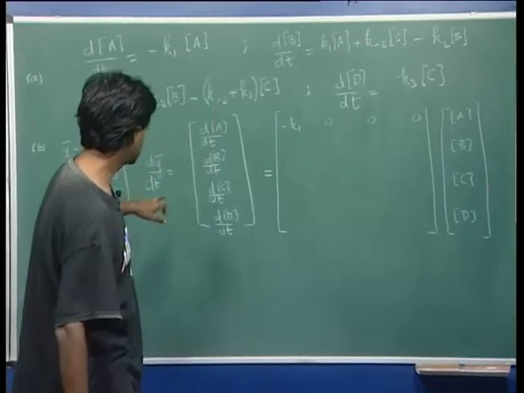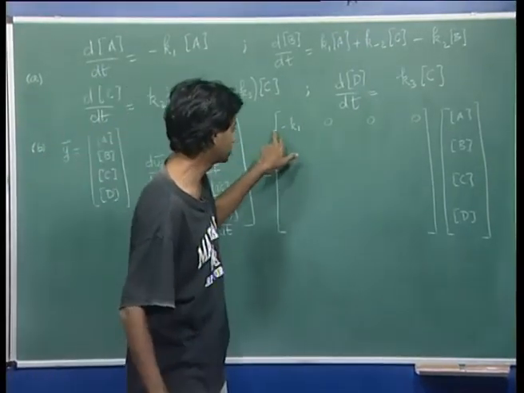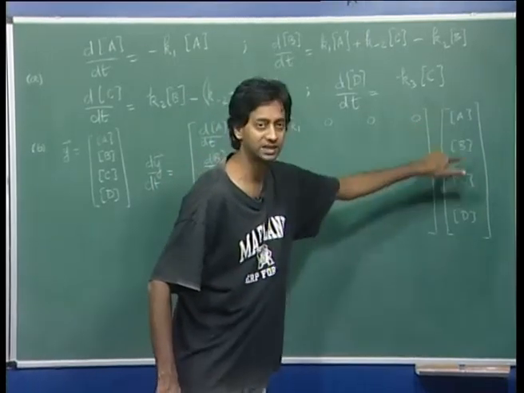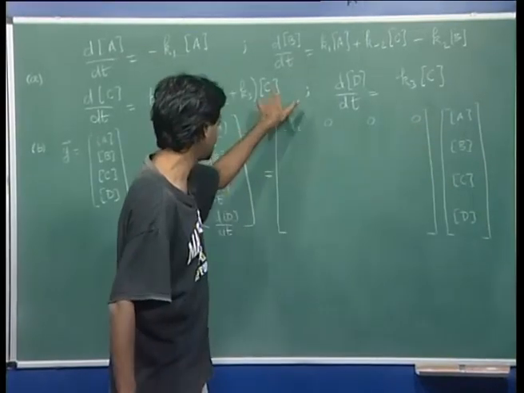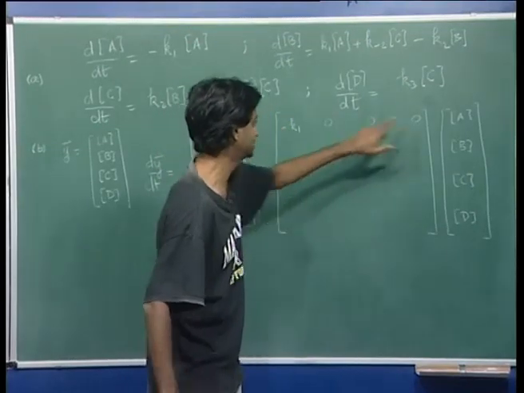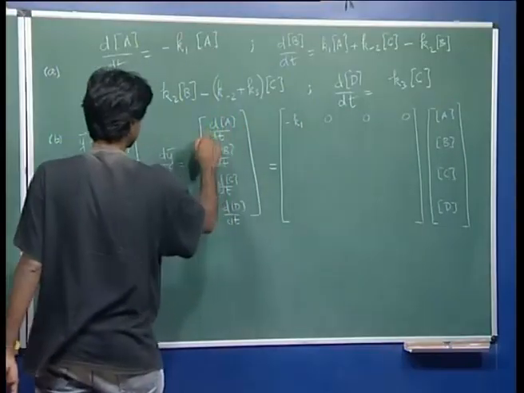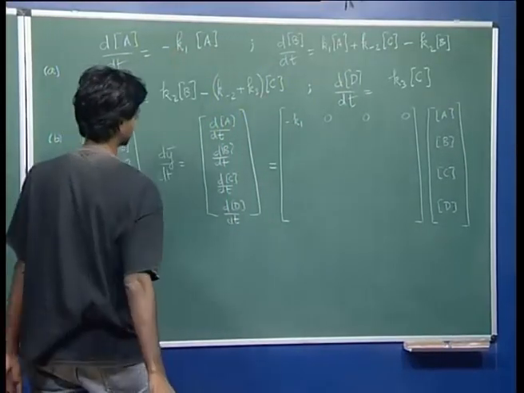So now when I multiply this matrix to this vector, the first row will be minus k1 times a, and minus k1 times a is dA by dt, and that is exactly this equation.